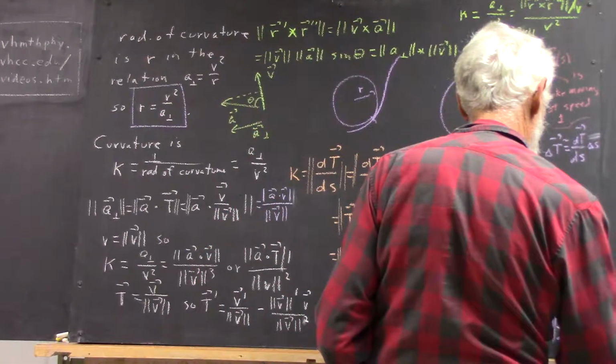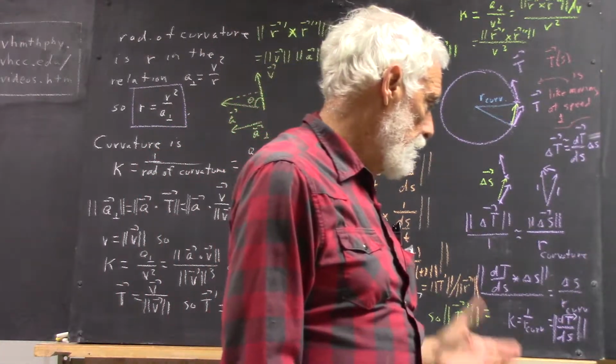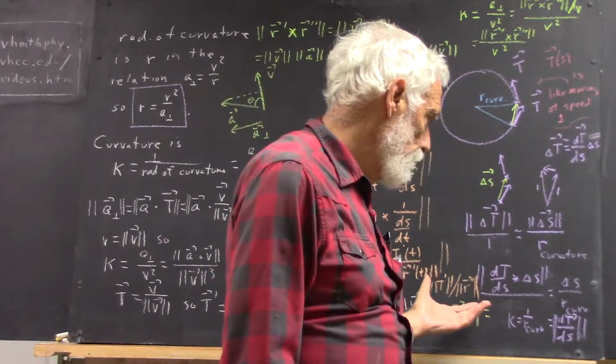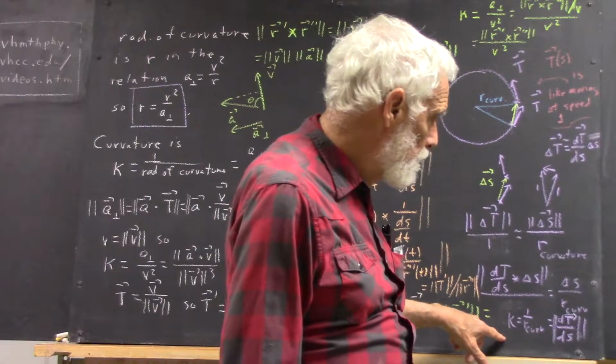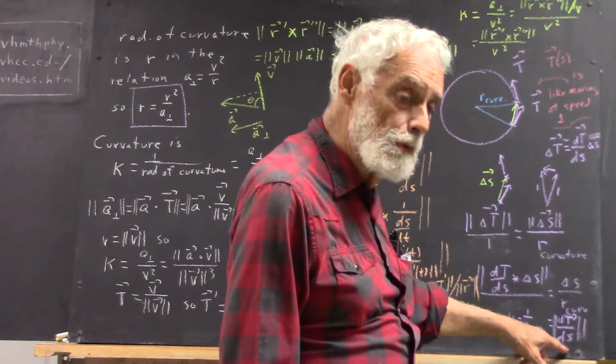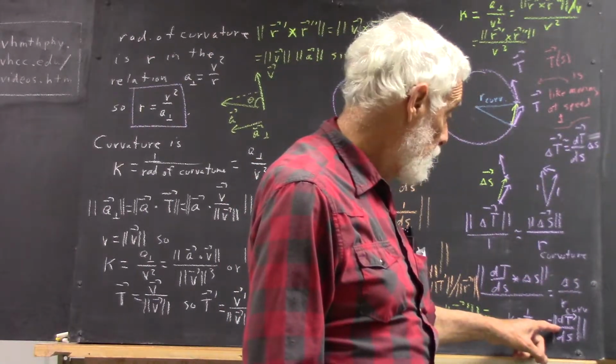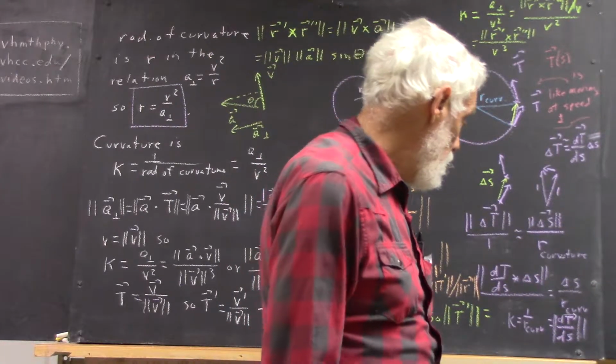That needs an arrow over it. So our curvature is the magnitude of the derivative with respect to arc distance traveled of our unit tangent vector.